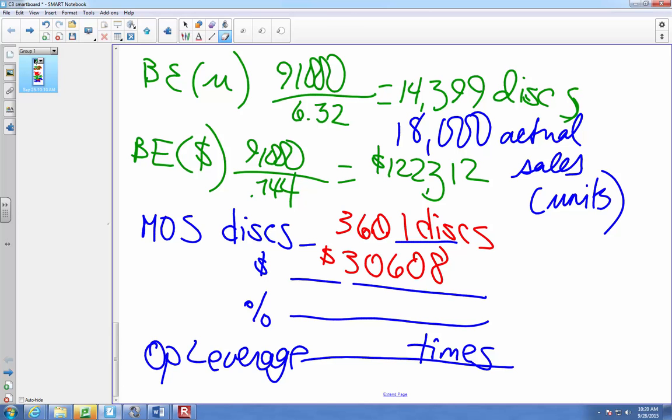How much do you have left from each disc? Once you cover break even, it's all what? Profit. What's all profit? Your CM. That's it. Boom, you should be able to do that in about a microsecond. 3,601 discs times $632, $2,275,8 a profit.